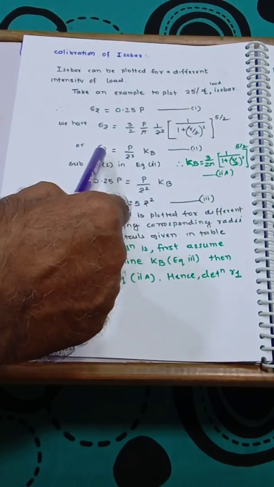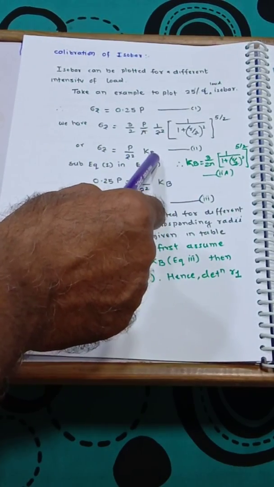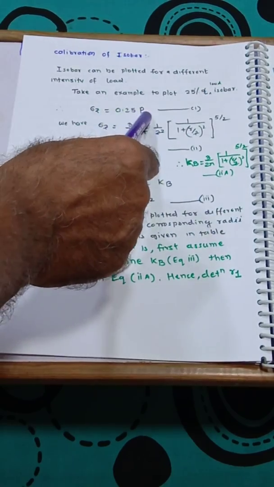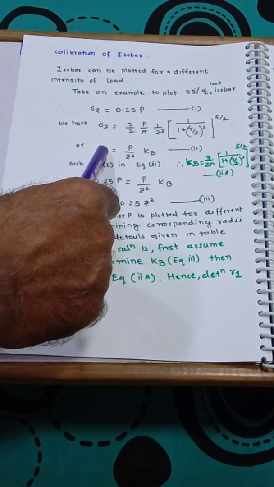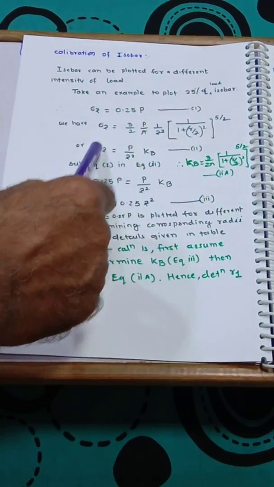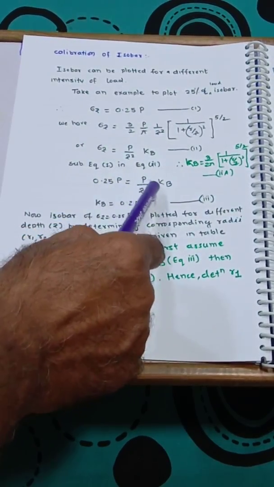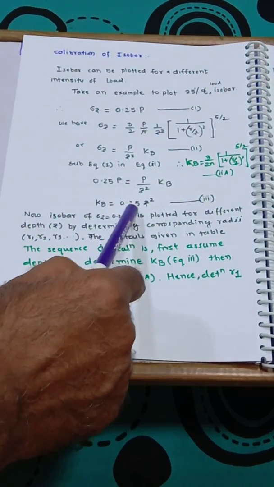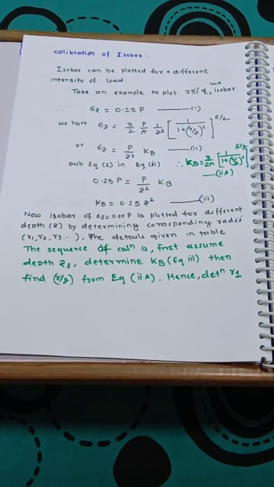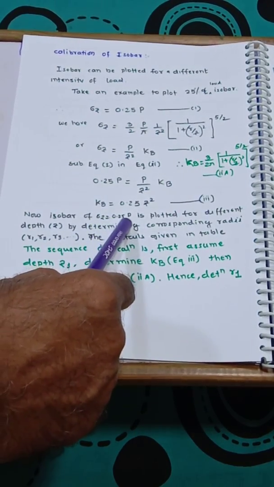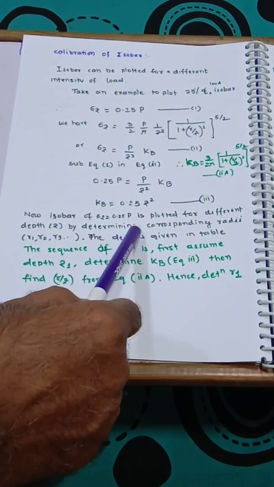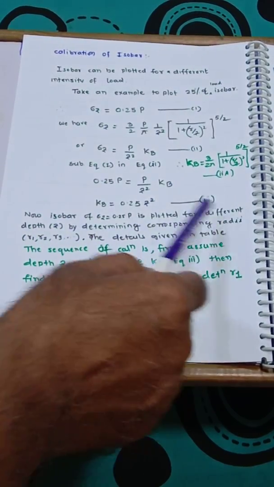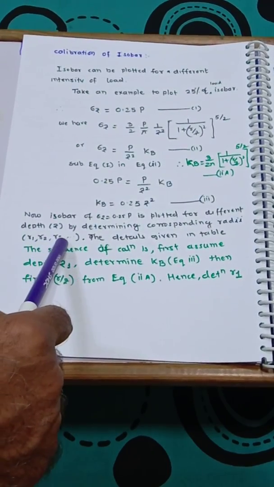Now in this equation my required thing is 25% of P, so I substitute it here. So 0.25 P, so P gets cancelled, and KB is equal to 0.25 Z square. So now the isobar of this 0.25 P is plotted for different depths Z by determining the corresponding radii, that is R1, R2, R3.